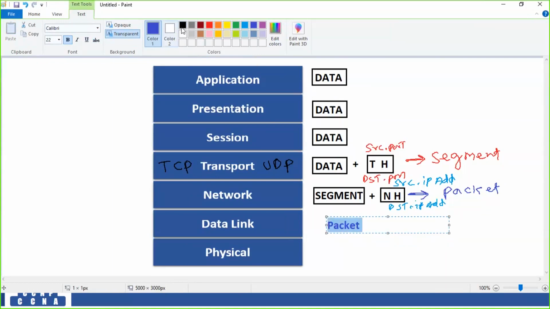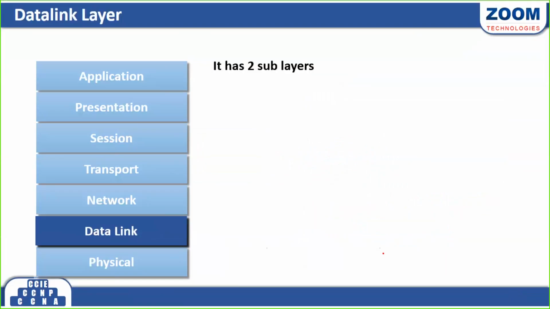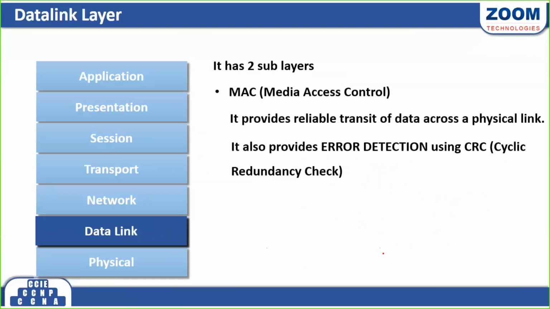After the packet is received from the network layer, the data link layer provides reliable transit of data across a physical link. It also provides error detection using CRC. Error correction is by the transport layer.